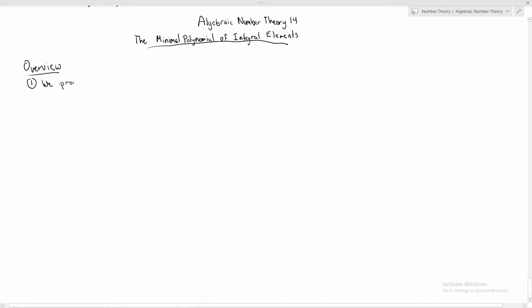We prove a proposition linking the integrality of an element to the coefficients of its minimal polynomial.